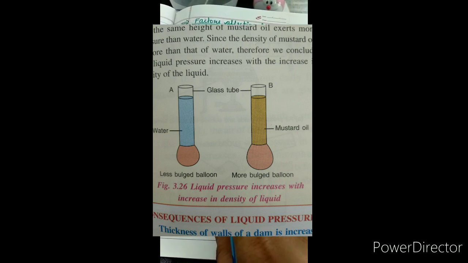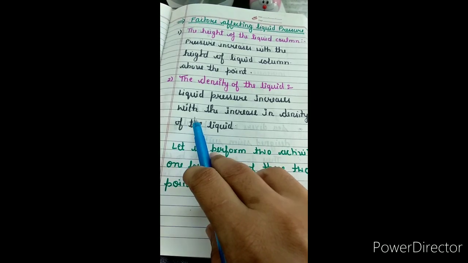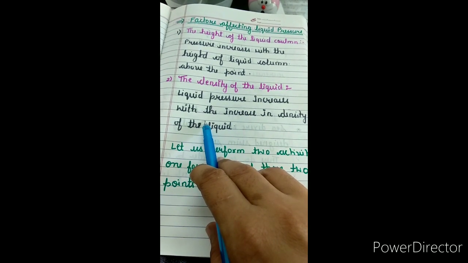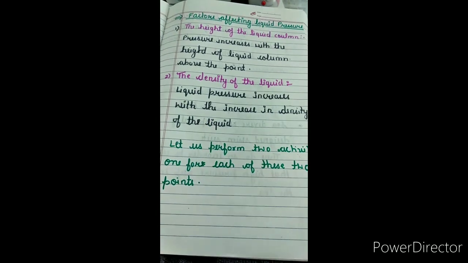As the density of mustard oil is more than that of water, the balloon fixed on the mustard oil bottle bulges out more compared to the one with water. From that activity, we come to know that the greater the density, the greater the liquid pressure.